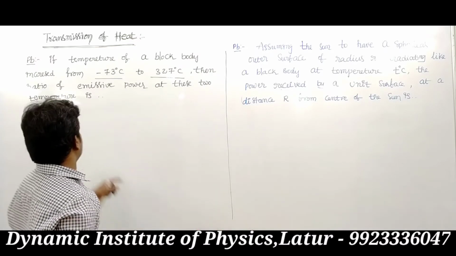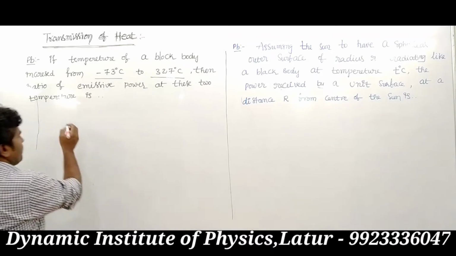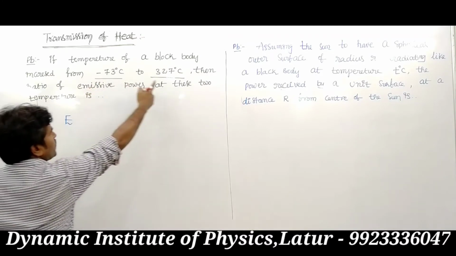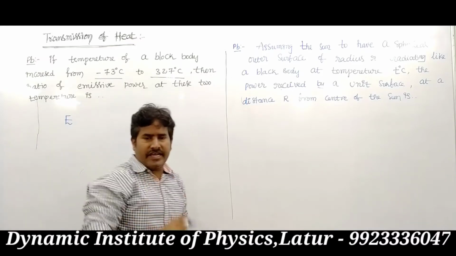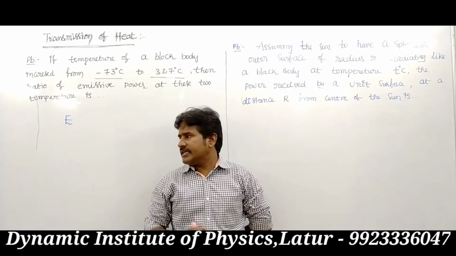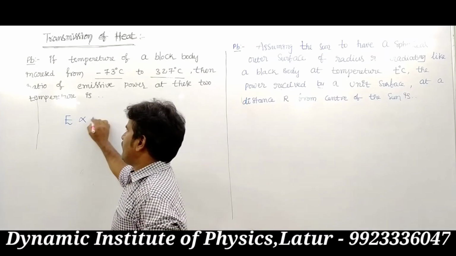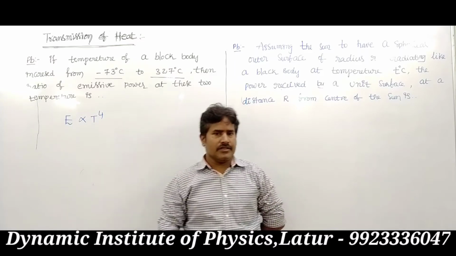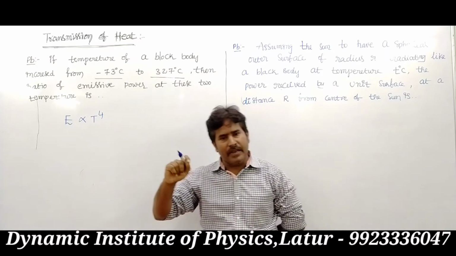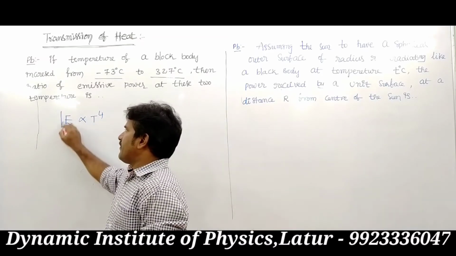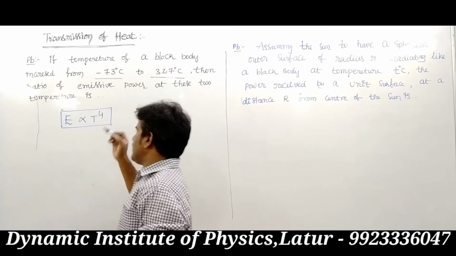We want the ratio of the power emitted. Since the temperature is very large, using the Stefan-Boltzmann law, E is proportional to T power 4, with temperature in the Kelvin scale. Stefan-Boltzmann's law is applicable at high temperatures. So we use the relation E proportional to T power 4.